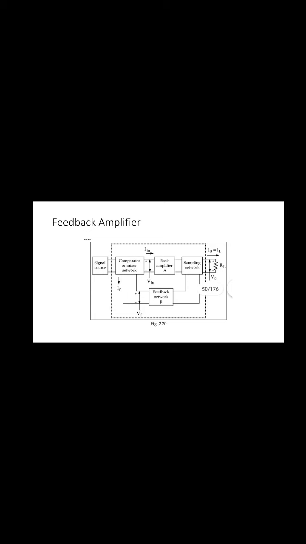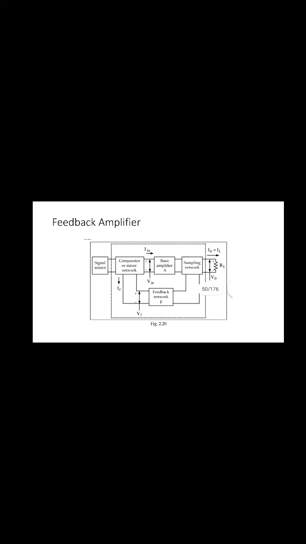It gives the feedback energy, current or voltage, at its output, multiplied by the feedback factor, taking its input from the sampling network. So we have the basic amplifier, the feedback network shown as beta, the sampling network, the comparator or mixing network, the signal source, and the output, which is the RL load.